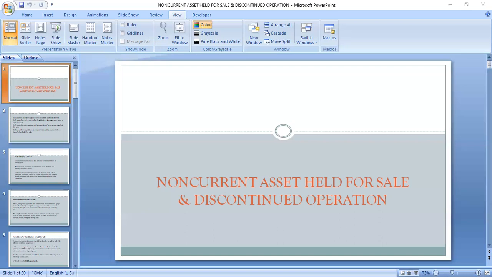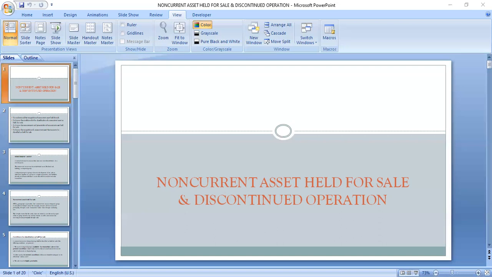Paragraph 12 of PFRS 5 prohibits retroactive classification as a discontinued operation when the criteria are met after the end of the reporting period. Stated otherwise, if the criteria are met after the end of the reporting period, an entity shall not classify the discontinued operation as held for sale in the current financial statements.